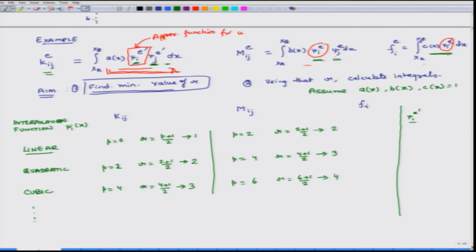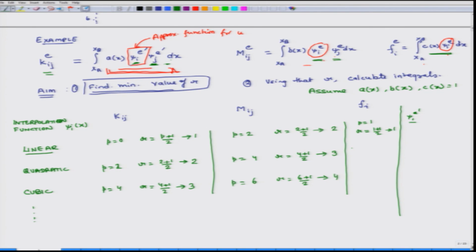Now let us look at f. So, when psi I is linear, then P equals, so I said that c is constant. So, its order is 0, psi I order is 1, and there is nothing else, right. So, then here P is equal to 1 and R is equal to 1 plus 1 divided by 2, it gives us 1.